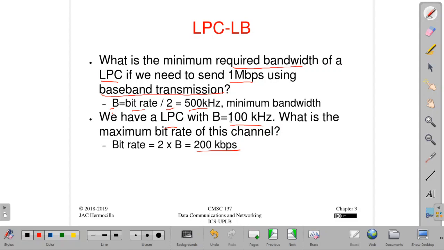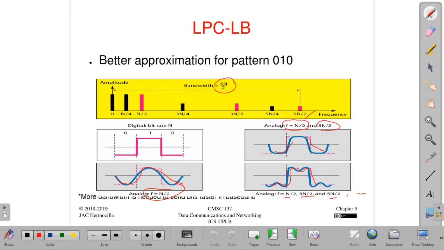First, when we talk about the bandwidth, our unit is hertz. But when we talk about bit rate, our unit is bits per second, and the formula is the bit rate is twice the bandwidth. It's the ideal.